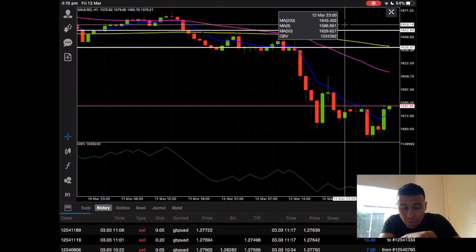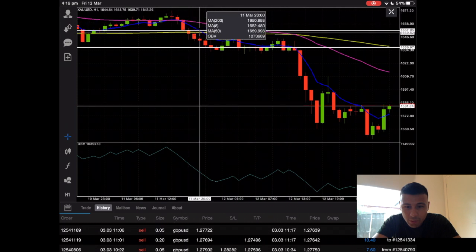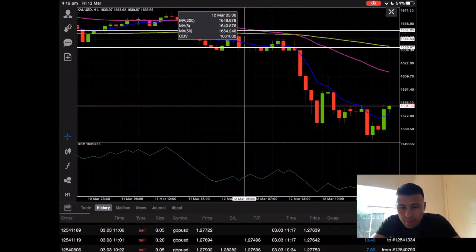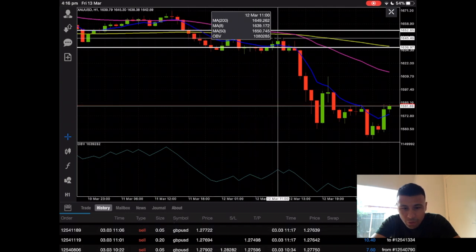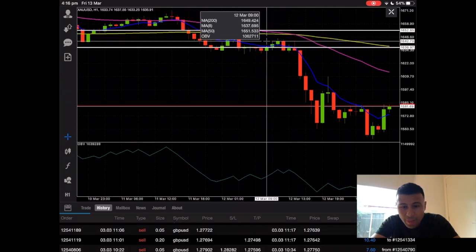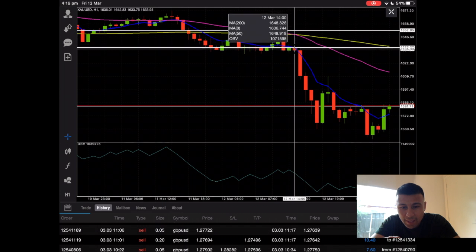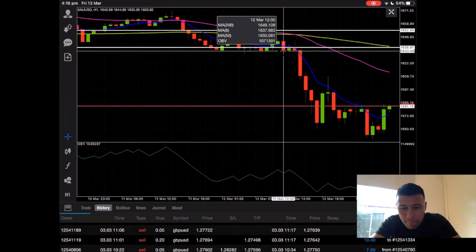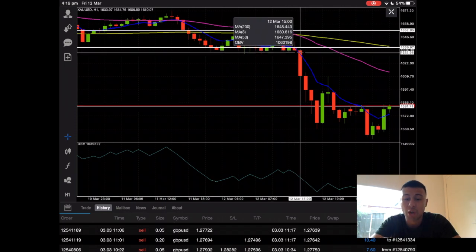I missed this entry point too, right here, and I should have entered right there as well. Down, down, down. It was consolidating for a couple hours. Then this gave me the entry point. Then it turned into a bullish engulfing candle, then it started to drop. That's where I made most of my money on gold.